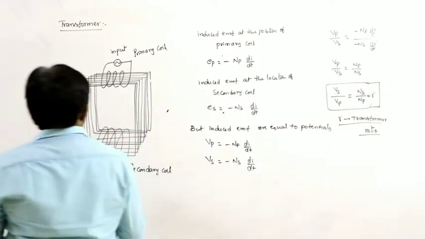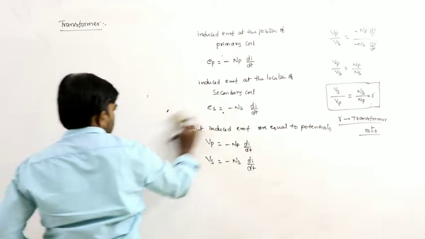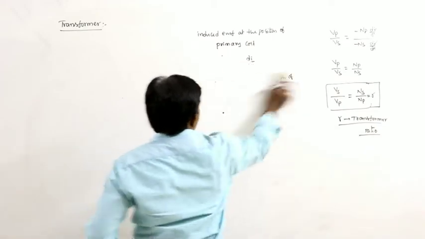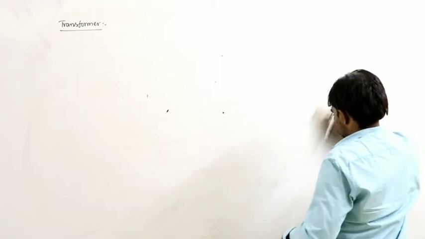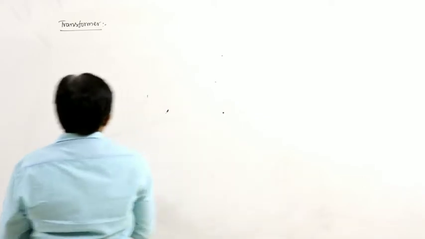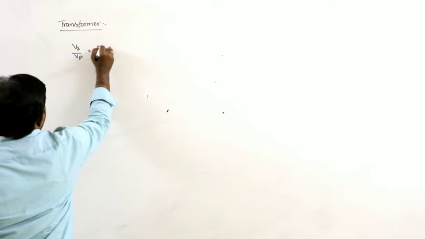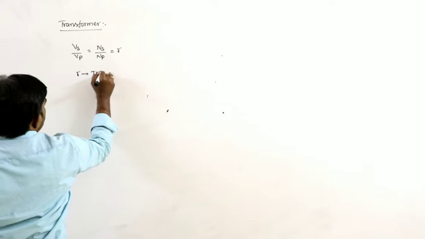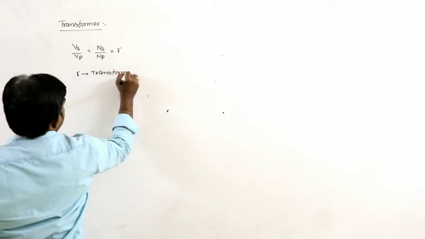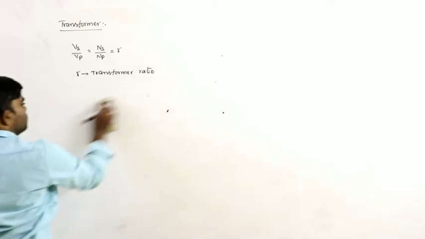So simply based on this simple working principle of the transformer, that is Vs by Vp is equal to Ns by Np, that is equal to R, where R is called what? Transformer ratio, where R is called the transformer ratio.